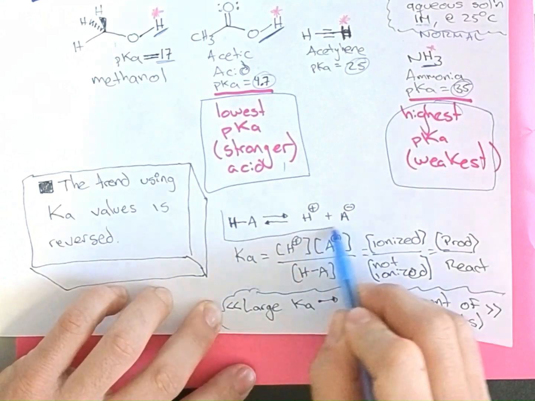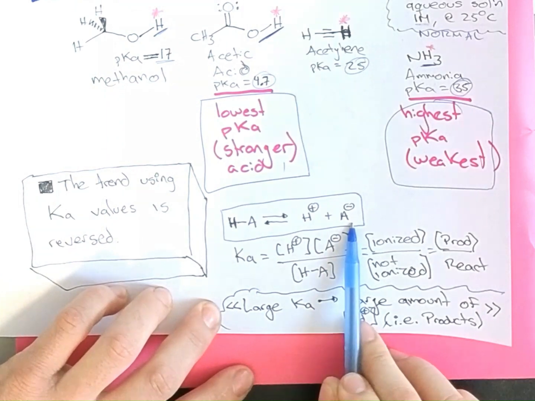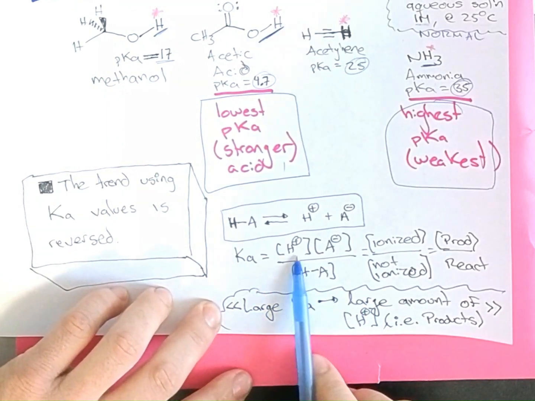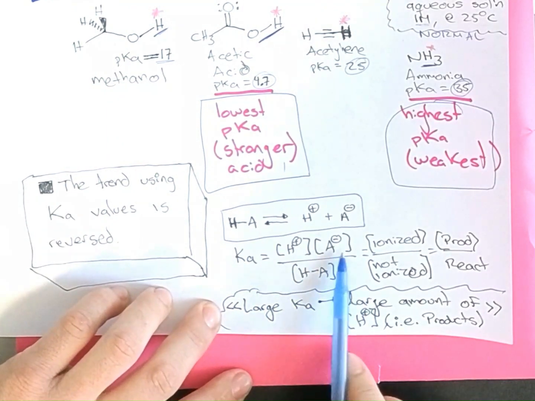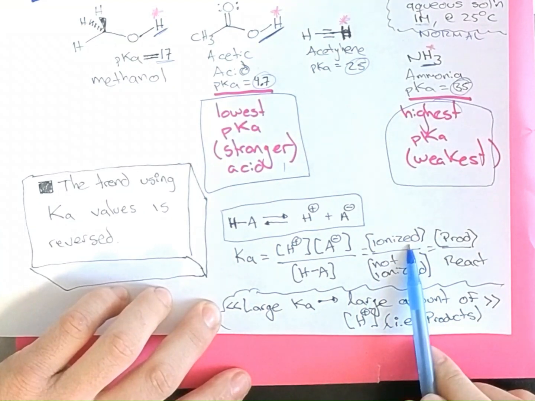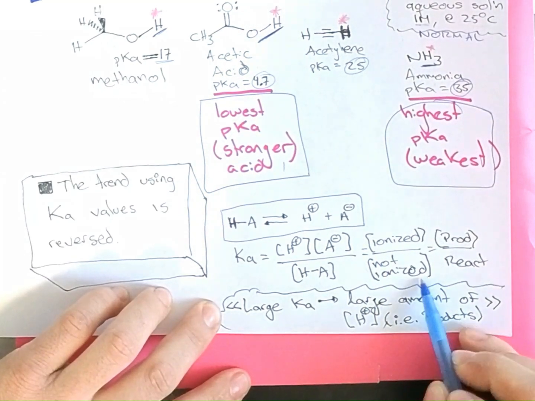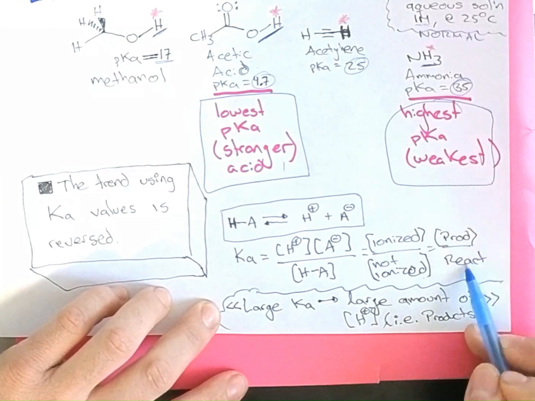Just have a very general reaction, HA dissociating into a proton and the conjugate base. The acidity constant is the ratio of the products over the reactants. In other words, the concentration of the ionized species over the concentration of the non-ionized species, products over reactants.